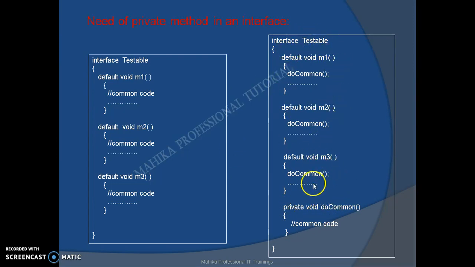It cannot be accessed outside the interface, not even by the classes which will implement this interface. So the private method will be accessible within that interface only, and it will help us to remove the duplication of code by putting the duplicate code in this method and then calling this method wherever required in other default methods.